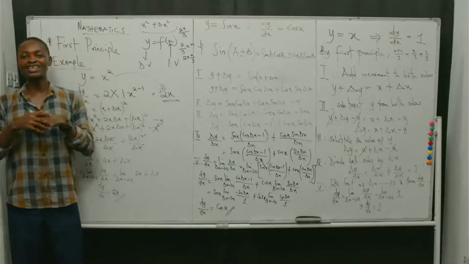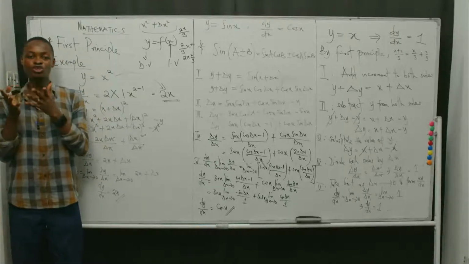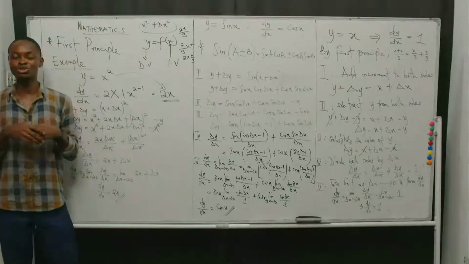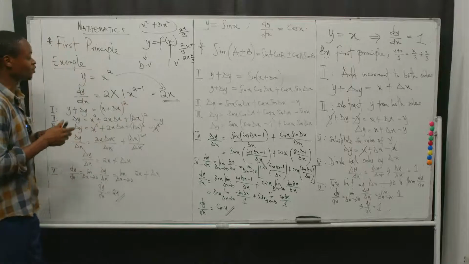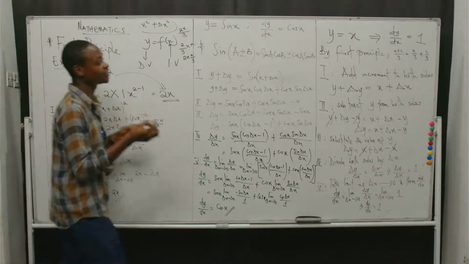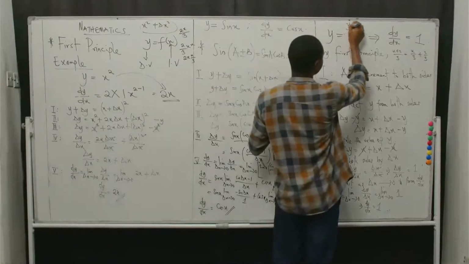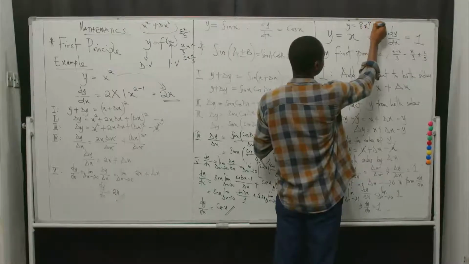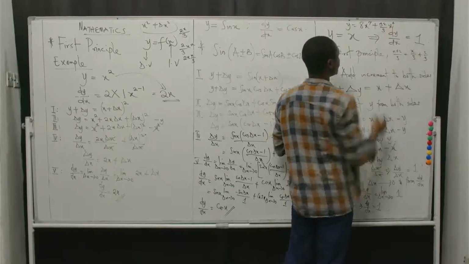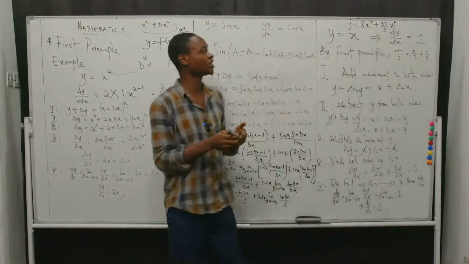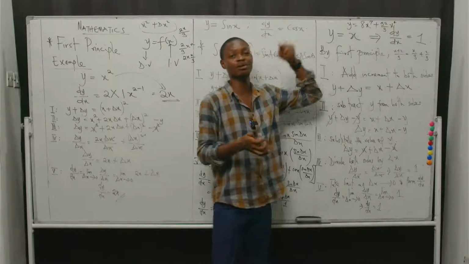When you have overtly complicated functions, use your standard functions to solve them instead of trying to solve them by first principle. For instance, if you are given that y is equal to 8x raised to power 7 plus 32 over 3x raised to power 4. There is no need for you to say you want to start evaluating this by first principle.